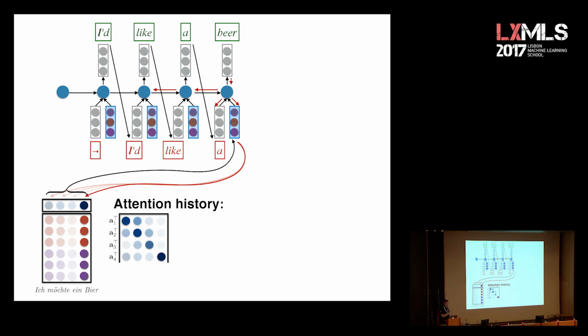It's going to have a long way to travel. Whereas in this case, we have a direct connection that lets the gradient flow immediately back into here and update this word embedding in a fairly direct way.